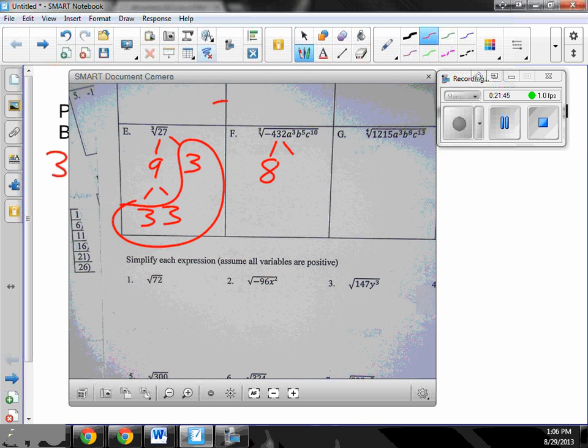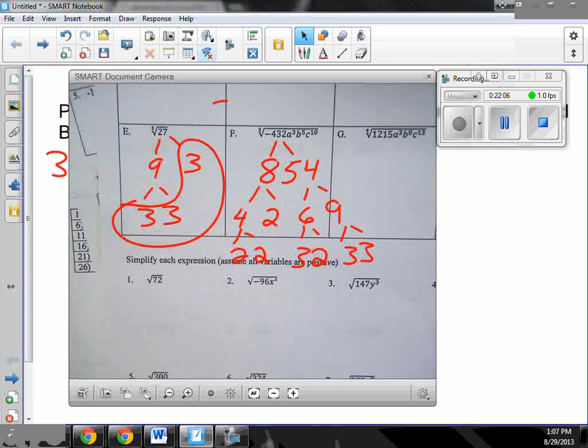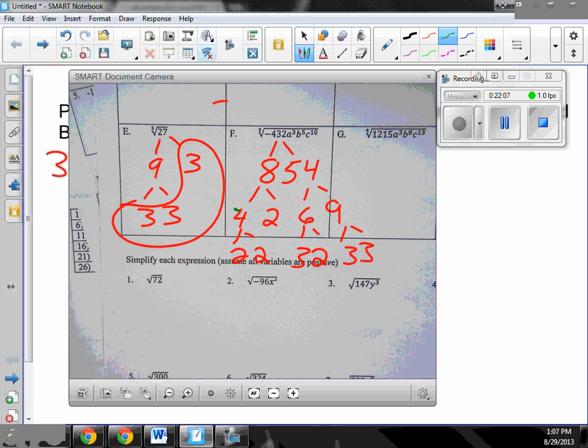I know 8 goes into it. 54, 8 and 54. 4 and 2, 6, 9, 2 and 2, 3 and 2, 3 and 3. And sometimes on a big list like this, it helps if you cross out the ones that factored.